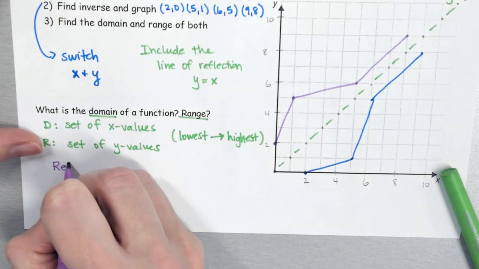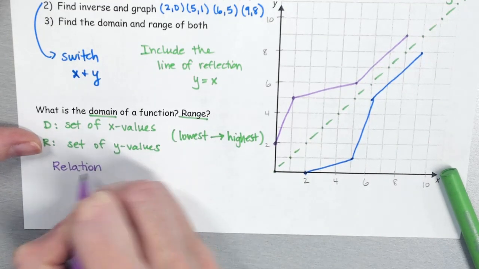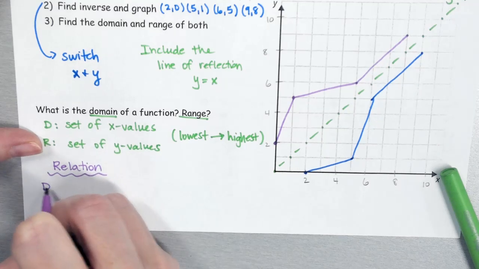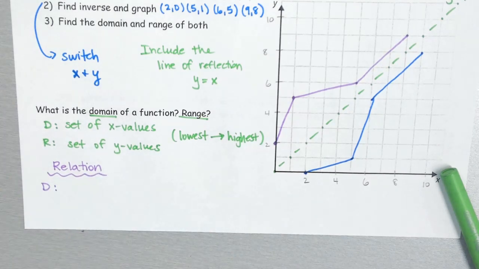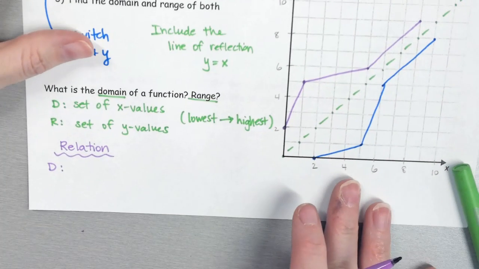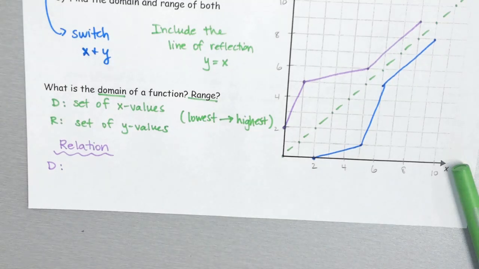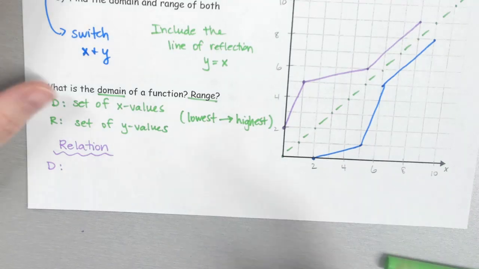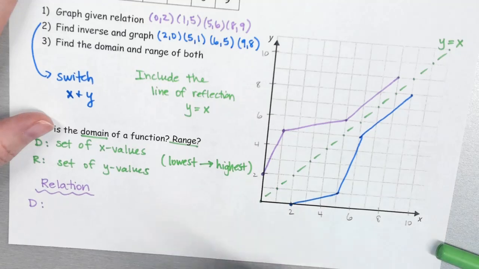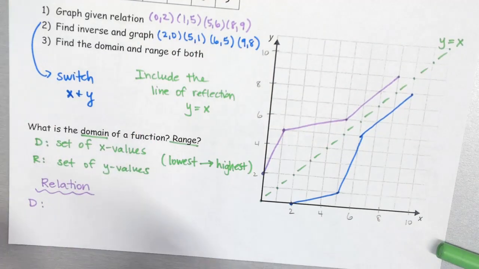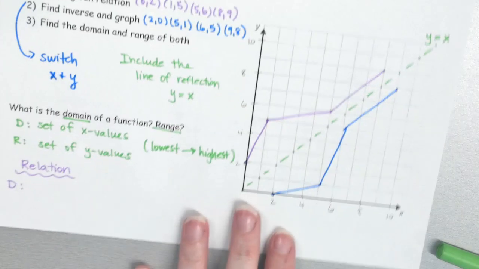Okay, so for the relation, our domain, we can put these in fancy brackets. You don't have to. Okay, we're going to write an inequality that represents your domain. Okay, so I graph my domain in purple here. I can either look at my graph or I can look at my points. If I'm looking at my graph, I want to find my lowest x value.